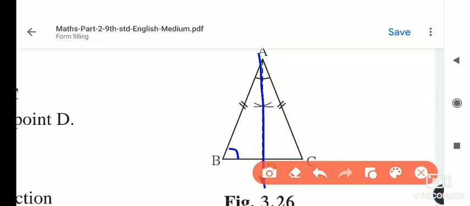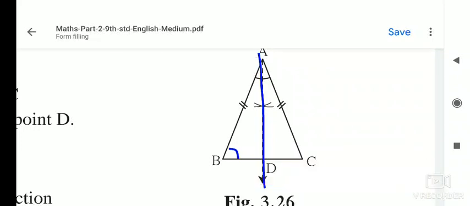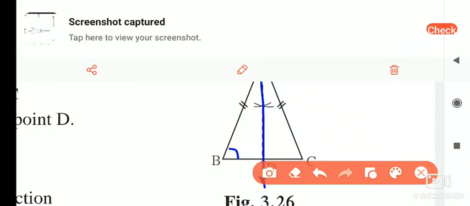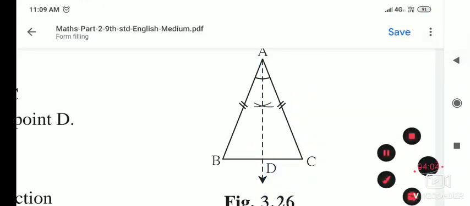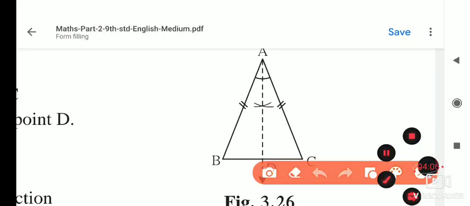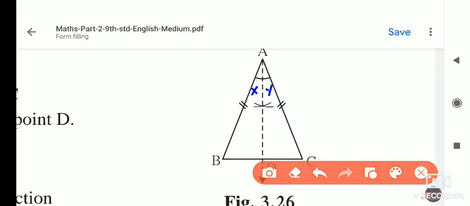So now there are two triangles. Which are those triangles? ABD and ACD. In these triangles, first of all, since this is an angle bisector, this angle is congruent to this, meaning angle BAD is congruent to angle DAC. This side is a common side, which is AD.